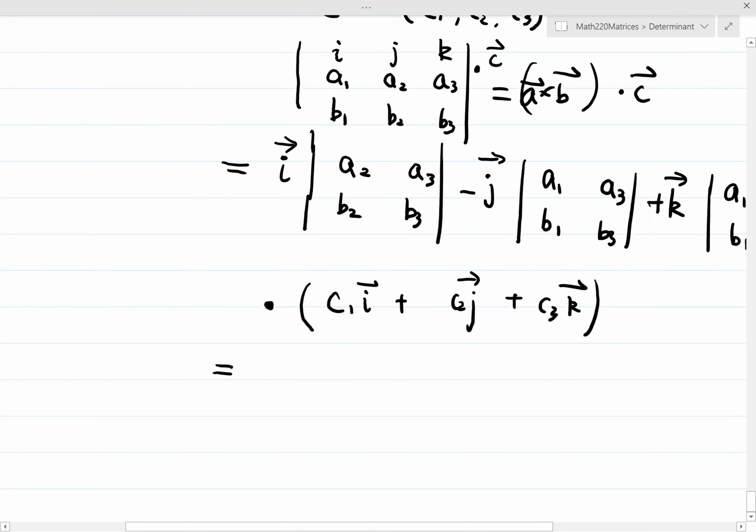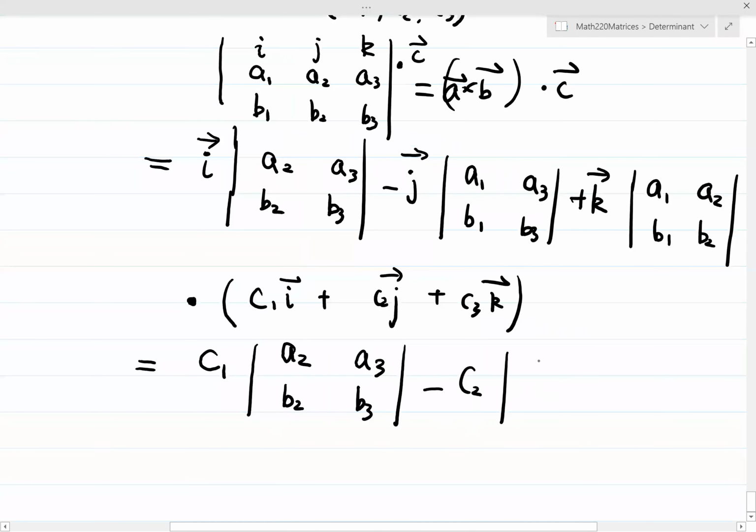So what we finally get is, I dot I, then the coefficient is C1, so we get C1 times the determinant of A2, A3, B2, B3, minus C2 times the determinant of A1, A3, B1, B3.